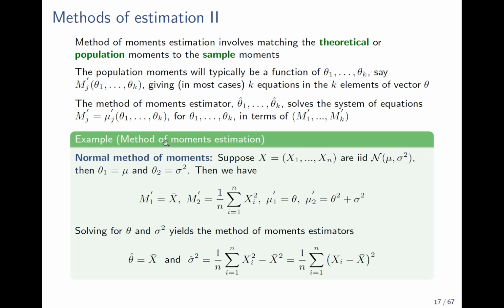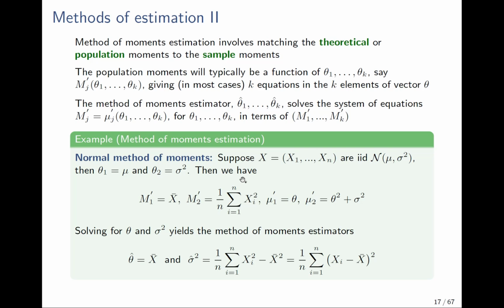So let's look at how it works. Here we're going to look at an example from the normal distribution, normal method of moments. Suppose we have a random sample that are IID normally distributed with mean μ and variance σ². Then θ1 is equal to μ and θ2 equals σ².